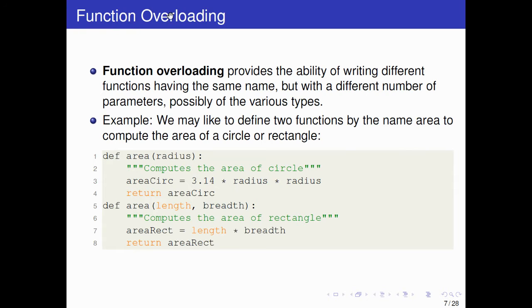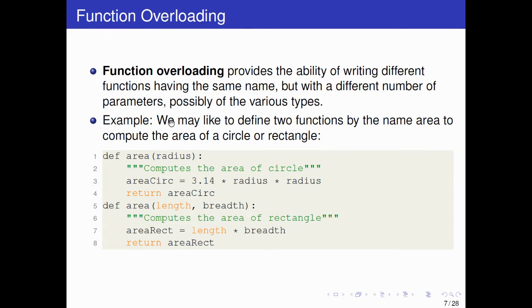Now next we'll start function overloading. So what is function overloading? Function overloading provides the ability of writing different functions having the same name, but with a different number of parameters, possibly of various types.